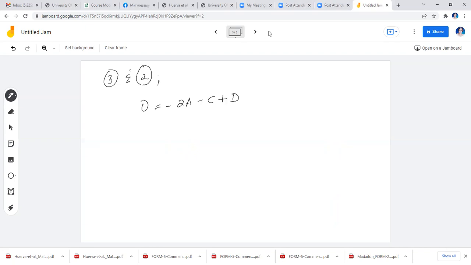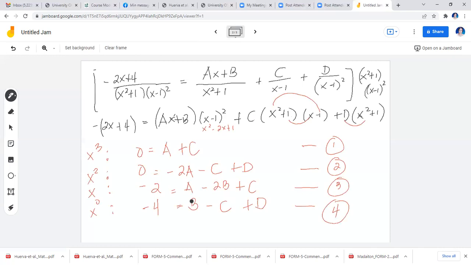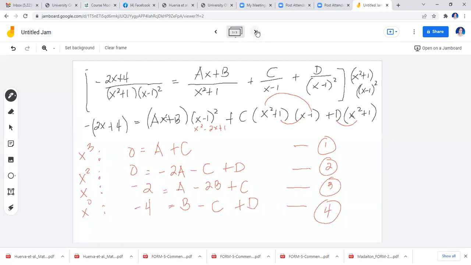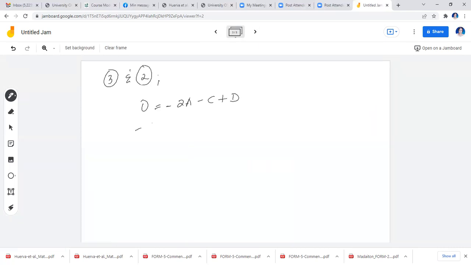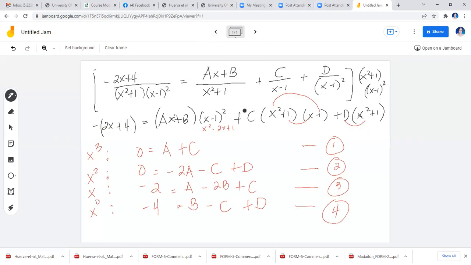So that's equation 2. Your equation 3 is negative 2 equal to a minus 2b, and I'll just place the c here, plus c.